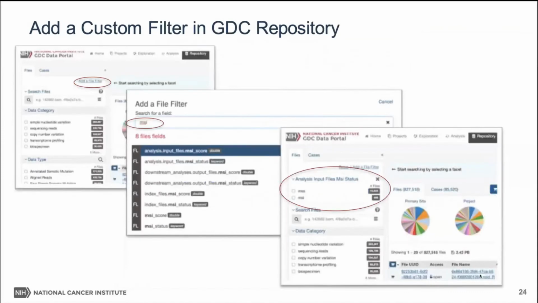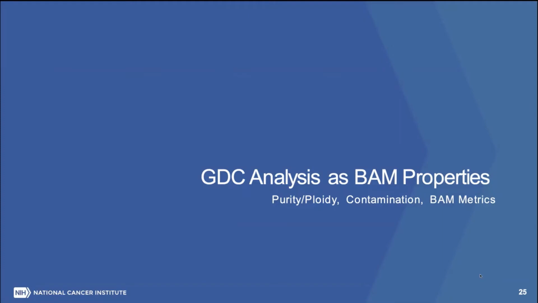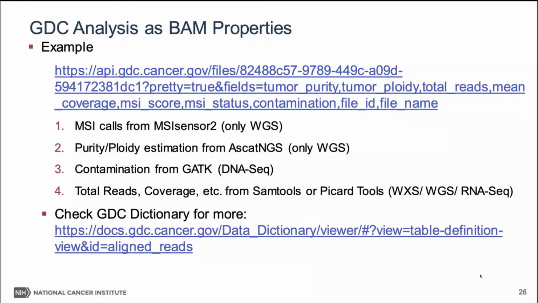Okay, and I also mentioned this can be very useful as a customer filter, and Bill will describe it later in the live demo. Other BAM properties, I will take them together.